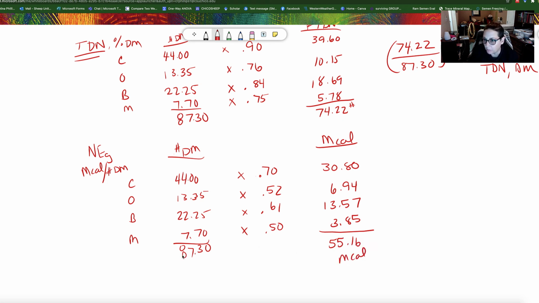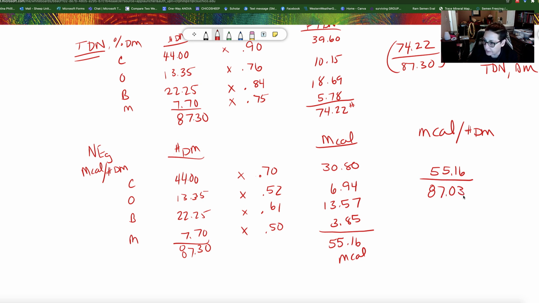Now remember, calories are going to be per pound. They're not a percentage. So instead of setting this up like a percentage, with the times 100, we're simply going to take the 55.16 megacalories divided by the pounds of dry matter.